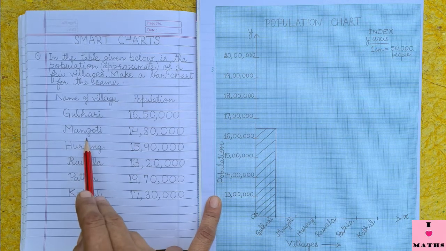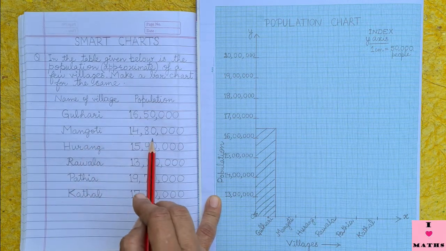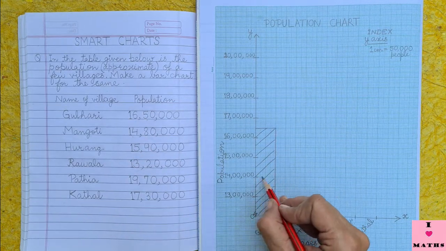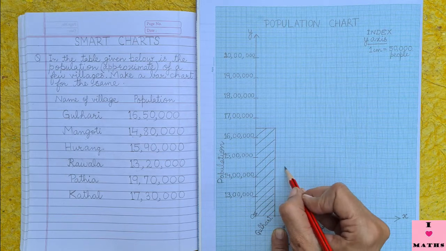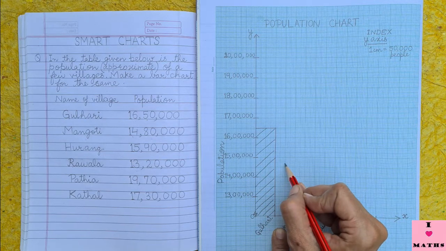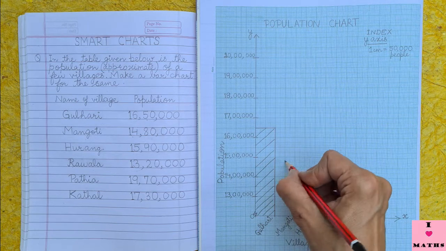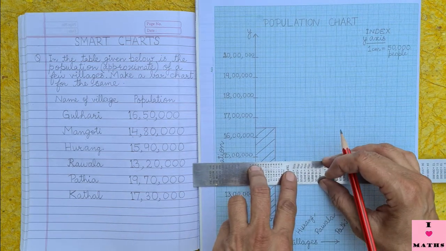Now the village Mangoti has got population of 14 lakh 80,000. So Mangoti, we will go till 14 lakh. This is 14 lakh. This is 14 lakh 50,000, 14 lakh 60,000, 14 lakh 70,000 and 14 lakh 80,000. So this is 14 lakh 80,000.